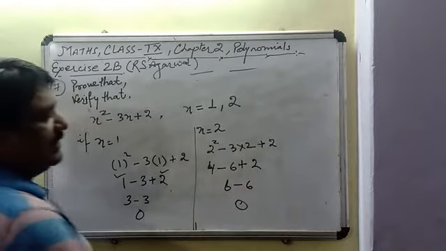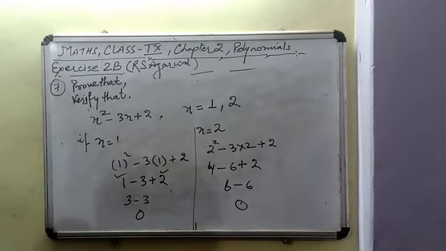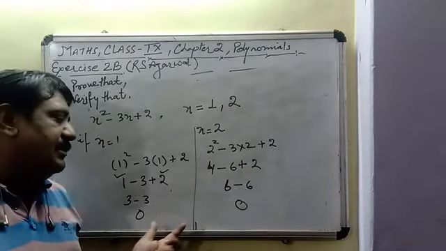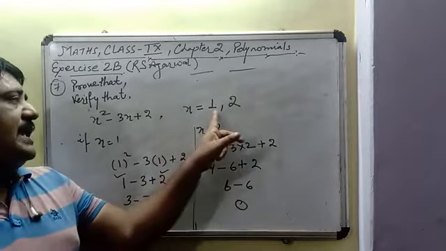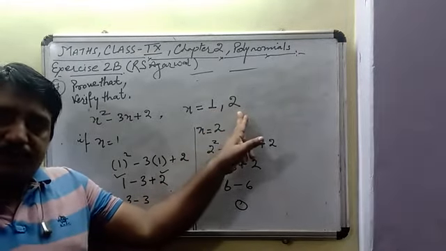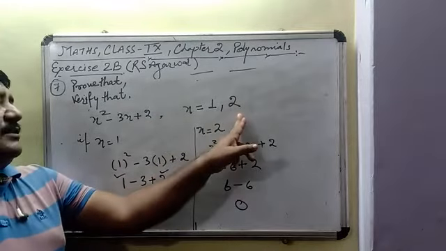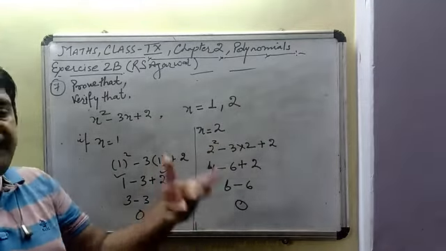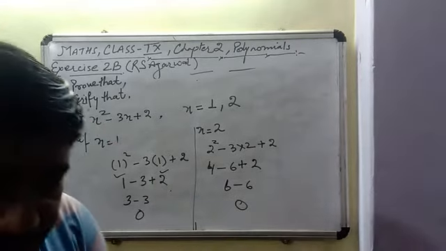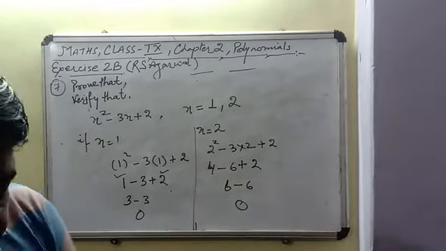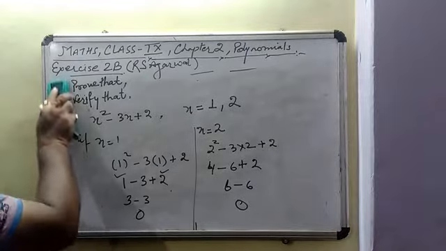The result is again 0. We have shown that we are getting zeros when we put x equals to 1 and x equals to 2. That means we have verified that x equals to 1 and x equals to 2 are the zeros of the given polynomial.